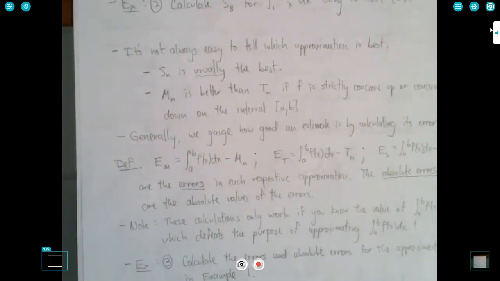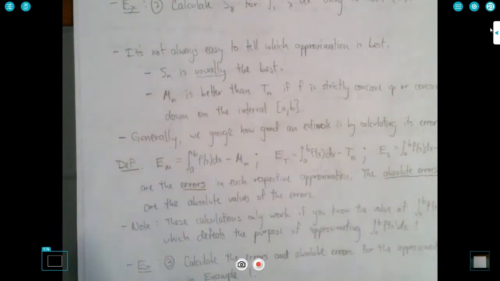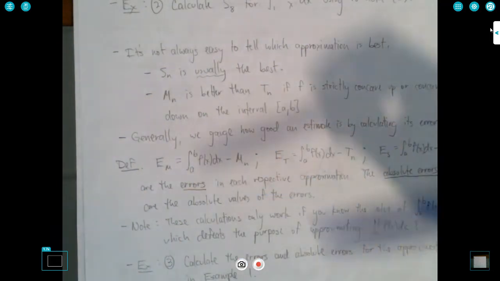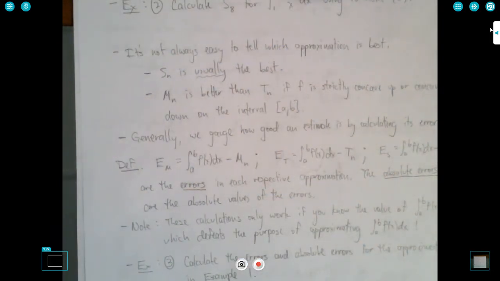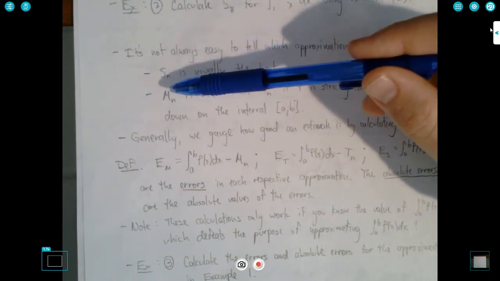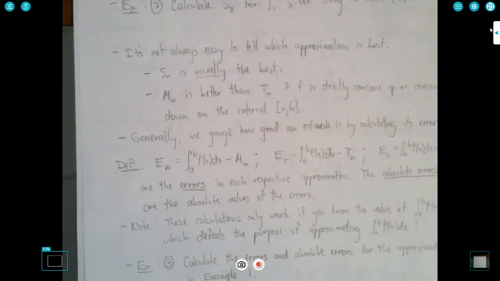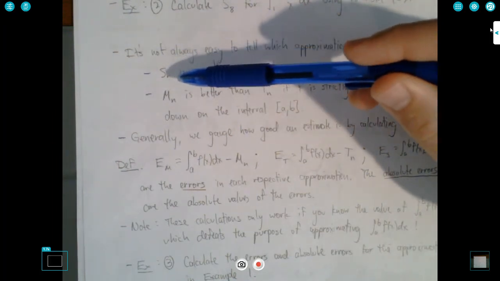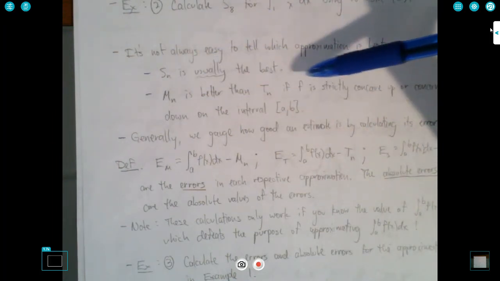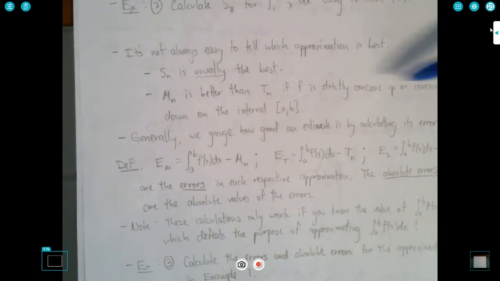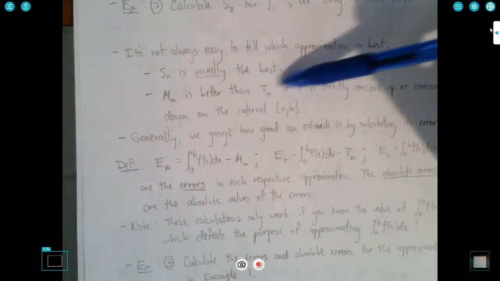but one thing that I do want to talk about is which approximation is the best. And the honest truth is that it's not always easy to tell. Simpson's rule usually gives the best result, but not always, right? But it usually gives the best result. The midpoint approximation is better than the trapezoidal approximation as long as f is strictly concave up or concave down on the interval that you're integrating over.